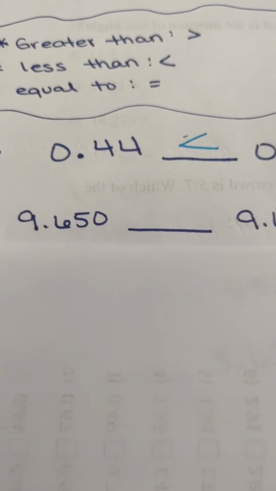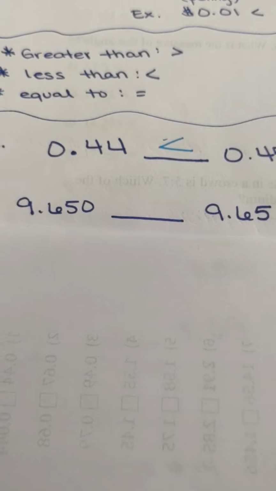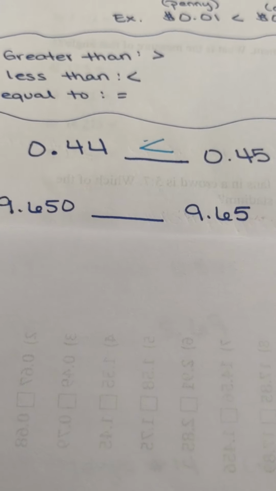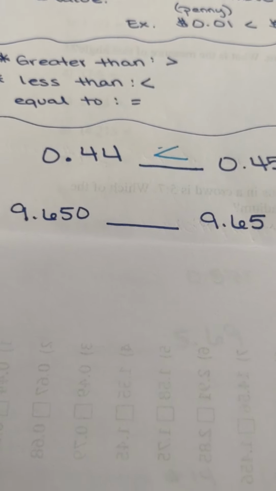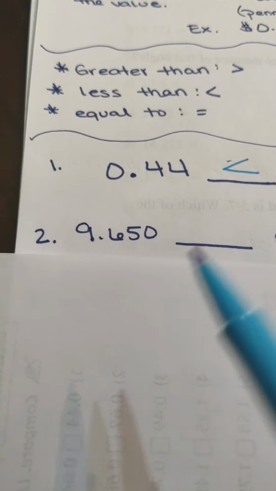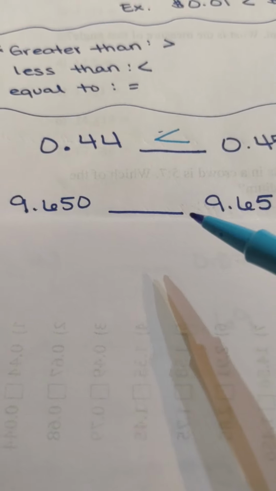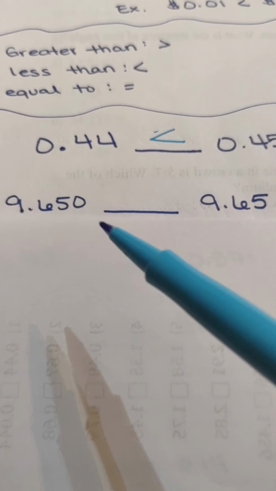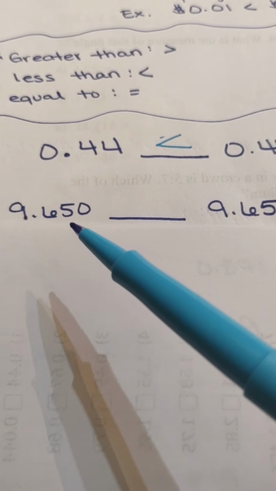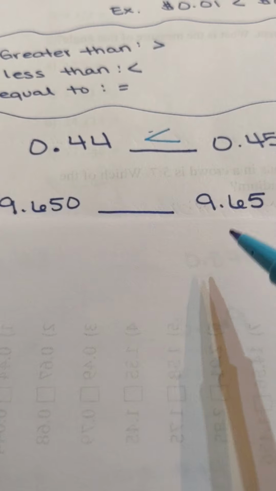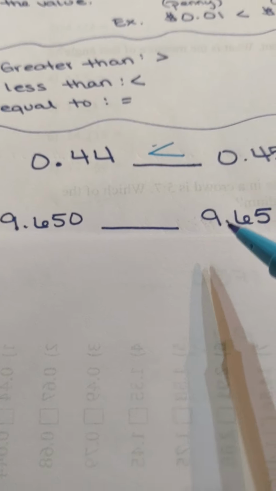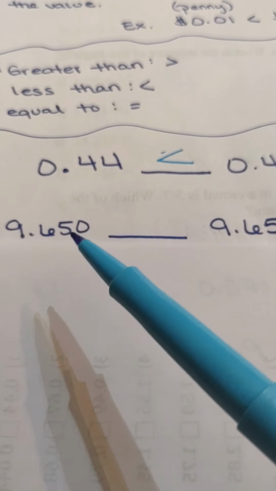Let's do another one. So I have 9.650 is blank to 9.65. Again, we'll look at the whole numbers. I have a 9 and a 9, so I can't decide there. So then I look at the number next to it, or neighbor, and this is a 6, and that's a 6. I still can't do anything there for the tenths, so let me look at the hundredths.